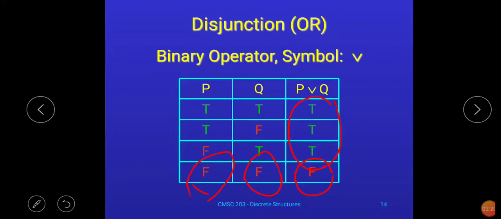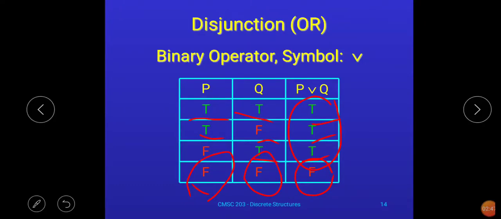So when will output be true in case of OR: if both are true, output will be true; if first is true and second is false, output will be true again; if first is false and second is true, output will be true; and finally if both are false, then output will be false. So how to remember this: if both are false, then only false, otherwise true in case of OR.